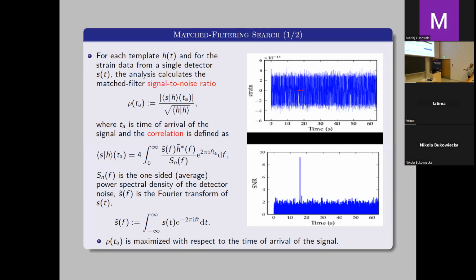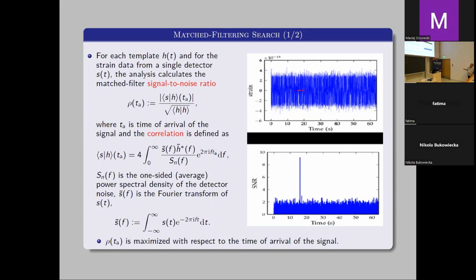Just looking at this integral means that we can compute this correlation for many different times of arrival using the Fourier transform algorithms. Especially the fast Fourier transform is very valuable to shorten the time of computation.